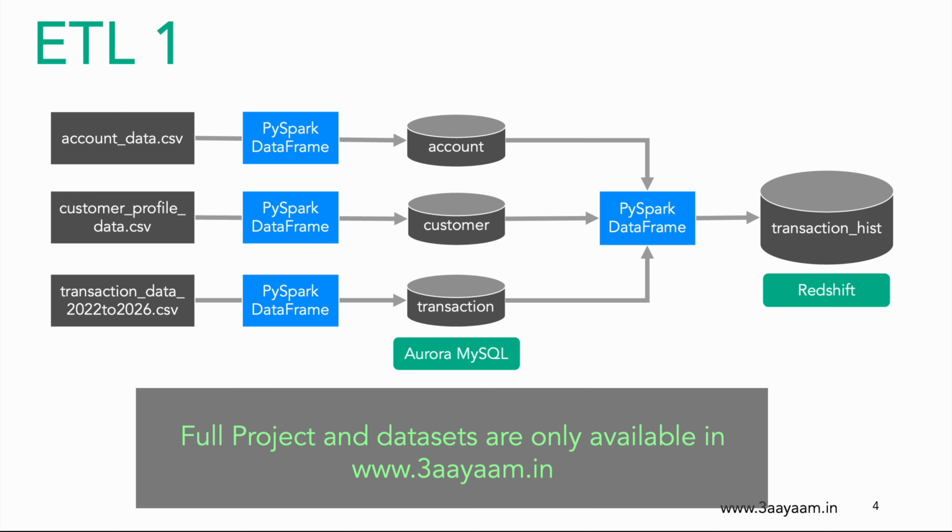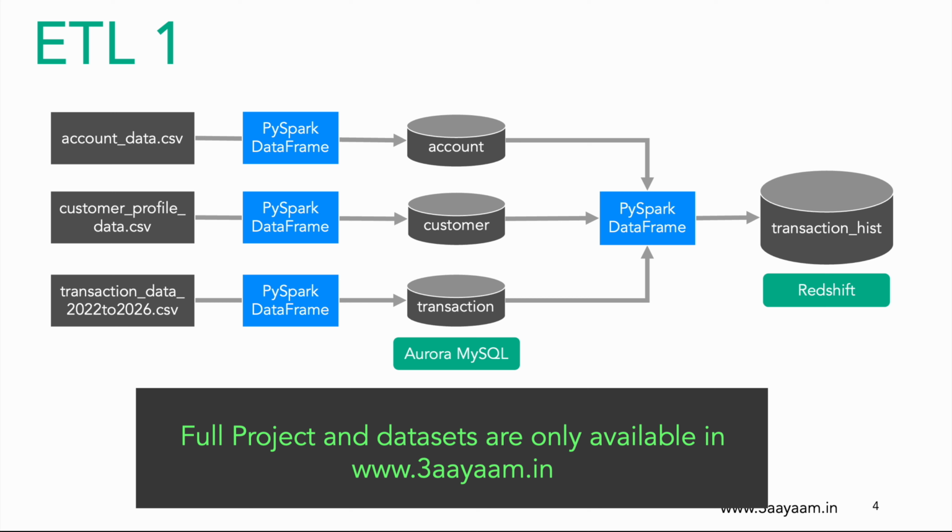The names of the files are transaction_data_2022_1, 2022_2, 2024_3, etc. You'll know by looking at the initial part of the file name, which is transaction_data. What you have to do is use a PySpark data frame to read the files and load them to their individual tables.